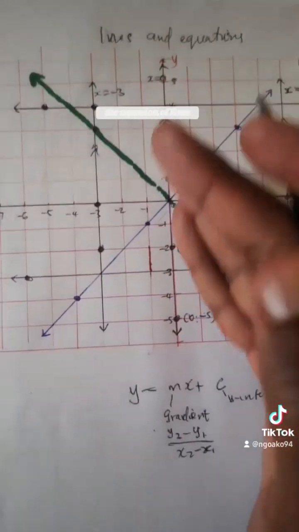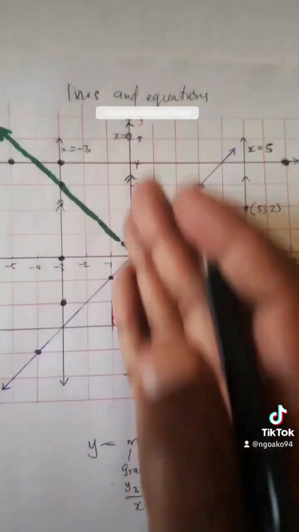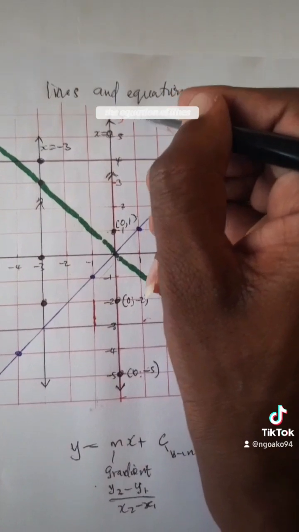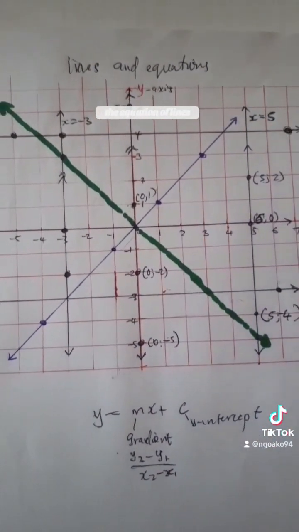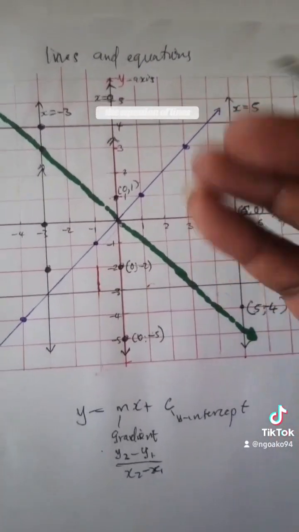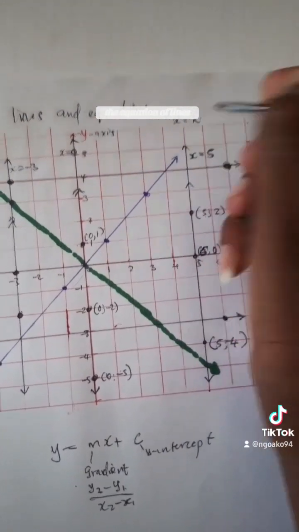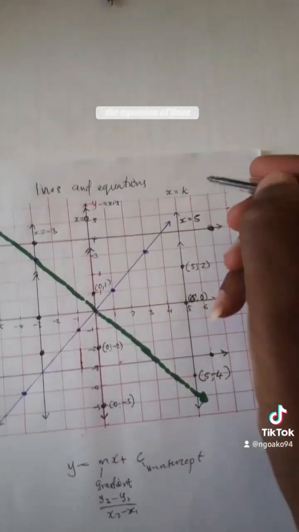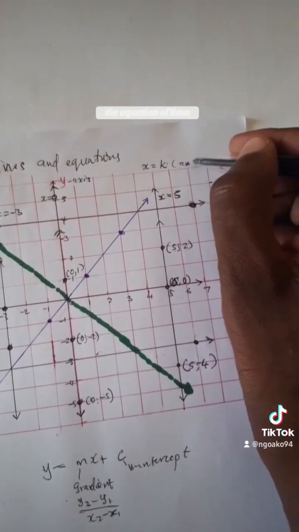So any line that is parallel to the y-axis, because this line here is the y-axis, it means you have the equation x equals a certain value. We can say the general equation for a line parallel to the y-axis is x equals k, where k is just a number.